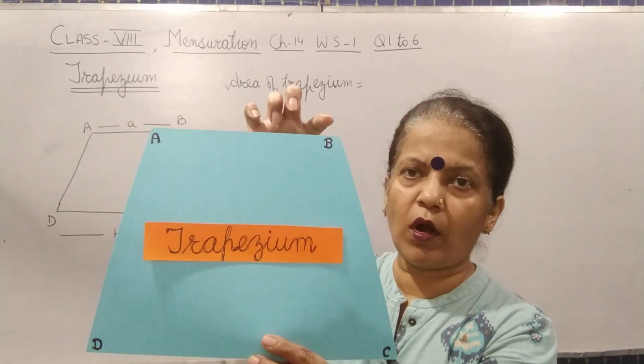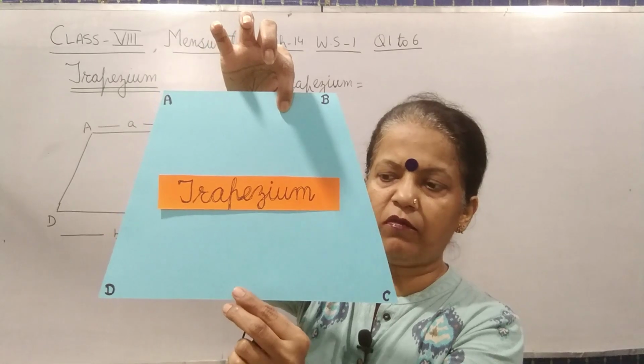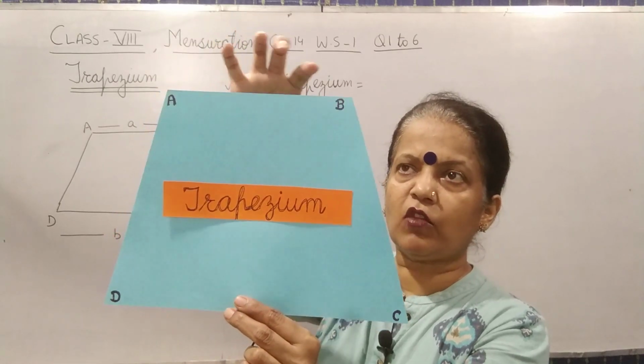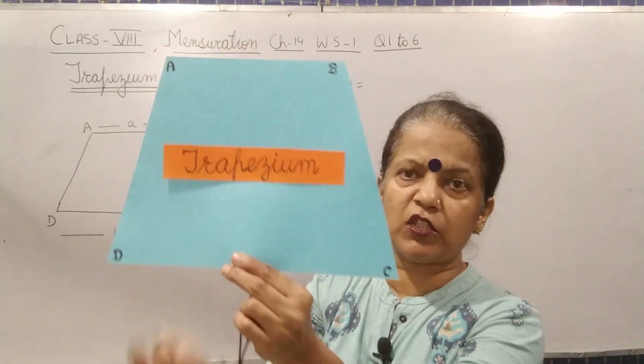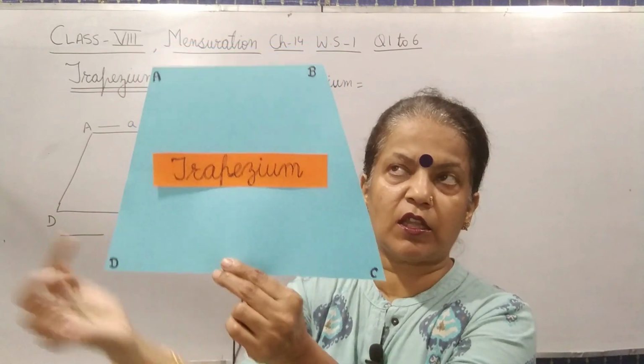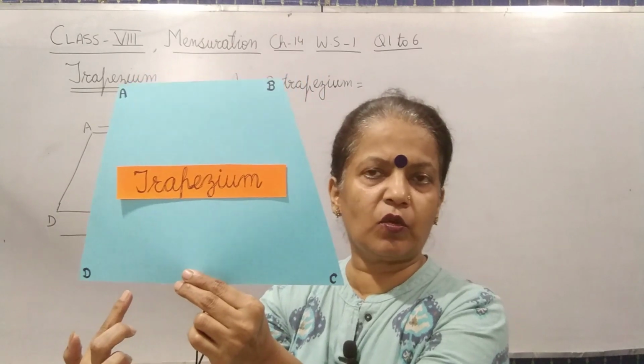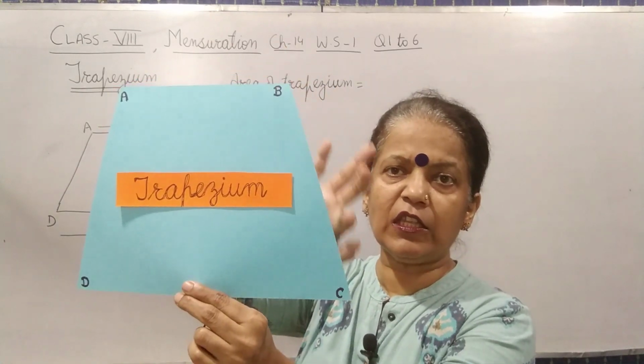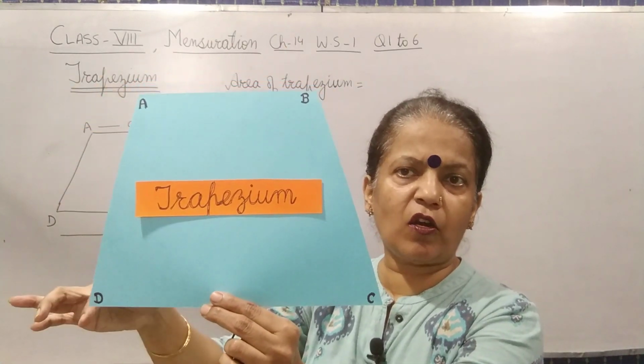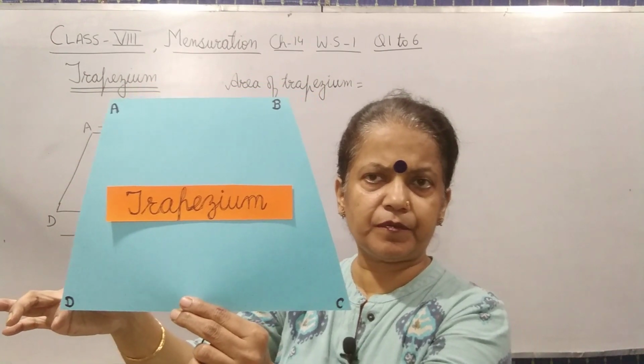And this quadrilateral, if you observe it carefully, has these two lines parallel to each other, and these two lines are not parallel to each other.